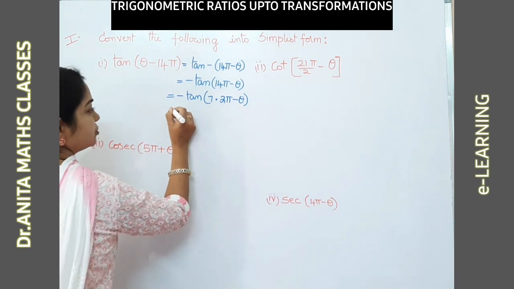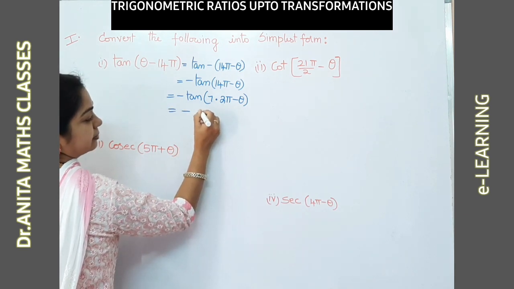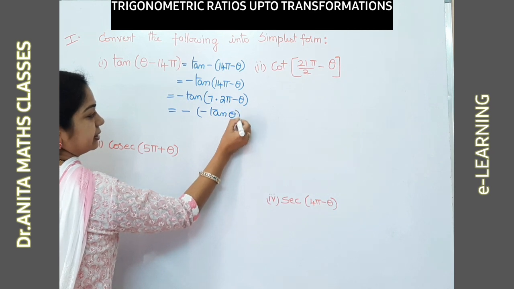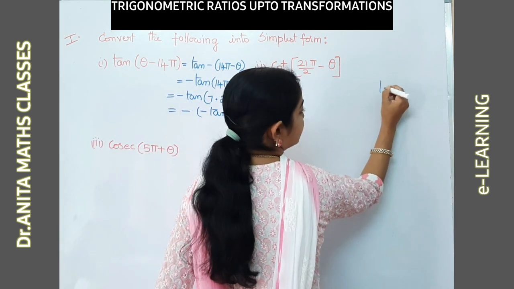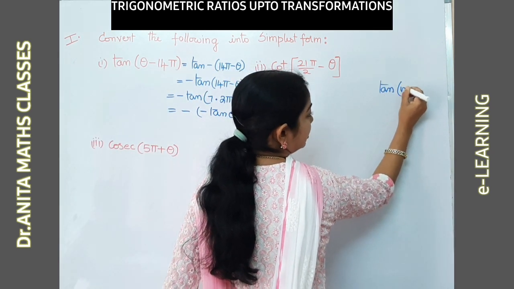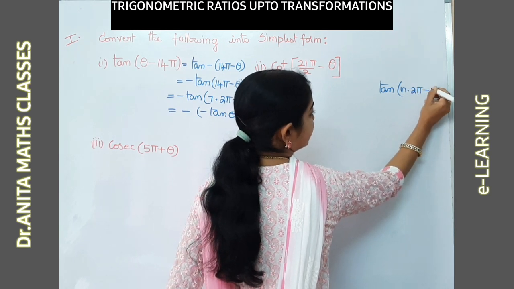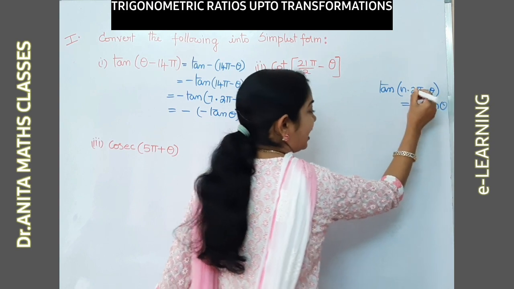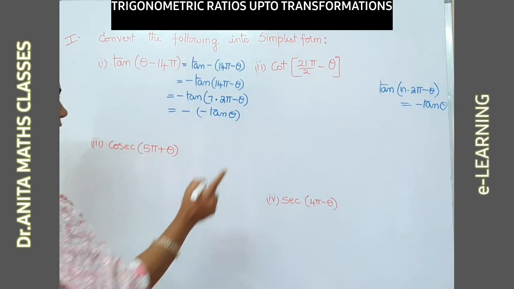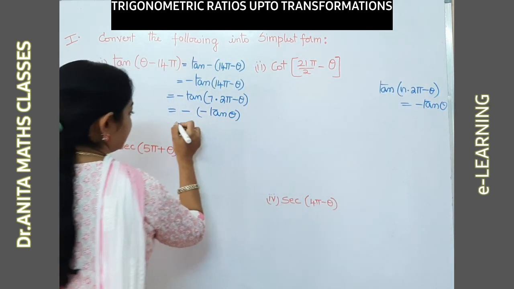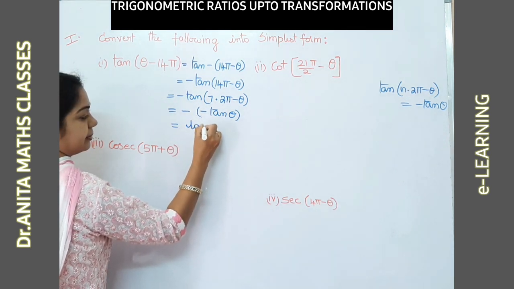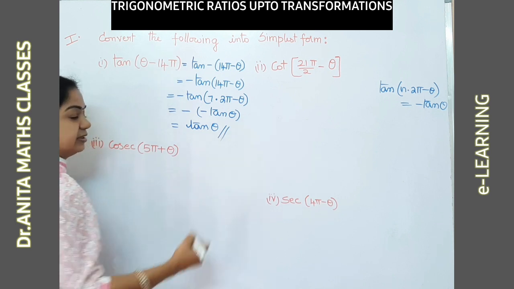So this comes to minus of minus tan theta, right, because the formula is tan of (n into 2 pi minus theta) equals minus tan theta. Remember, for tan and sine only we get minus. The rest of the others we get plus. So minus into minus comes to plus.